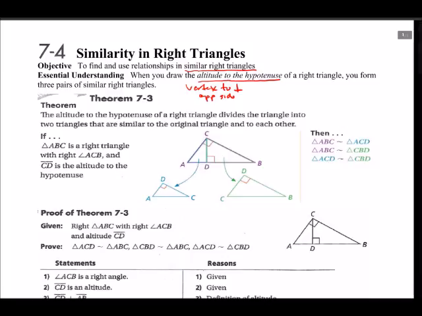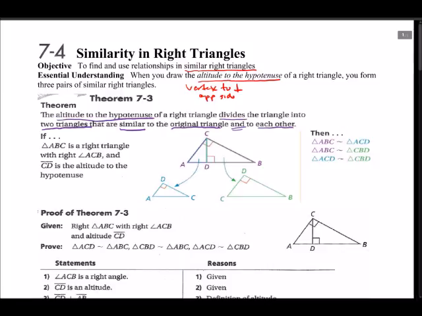It says the altitude to the hypotenuse of a right triangle, this is for right triangles only, divides the triangle into two triangles that are similar to the original triangle and they are similar to each other.